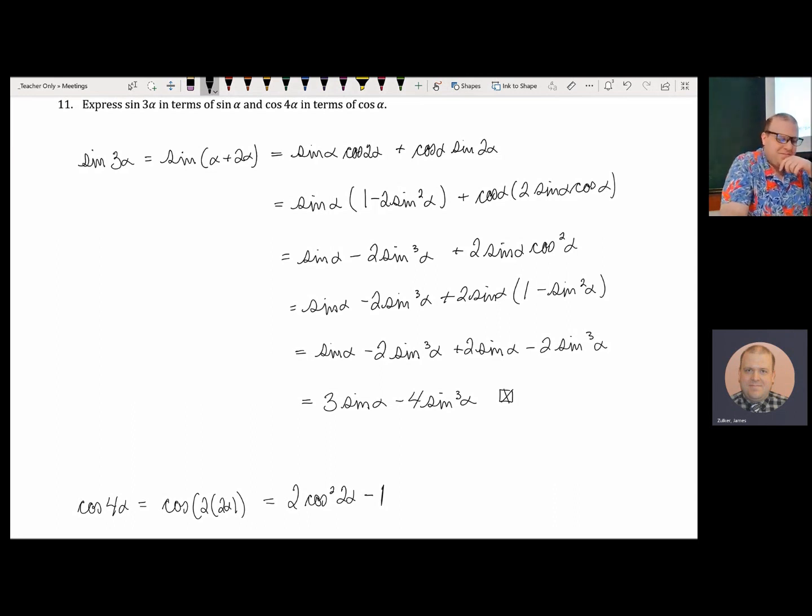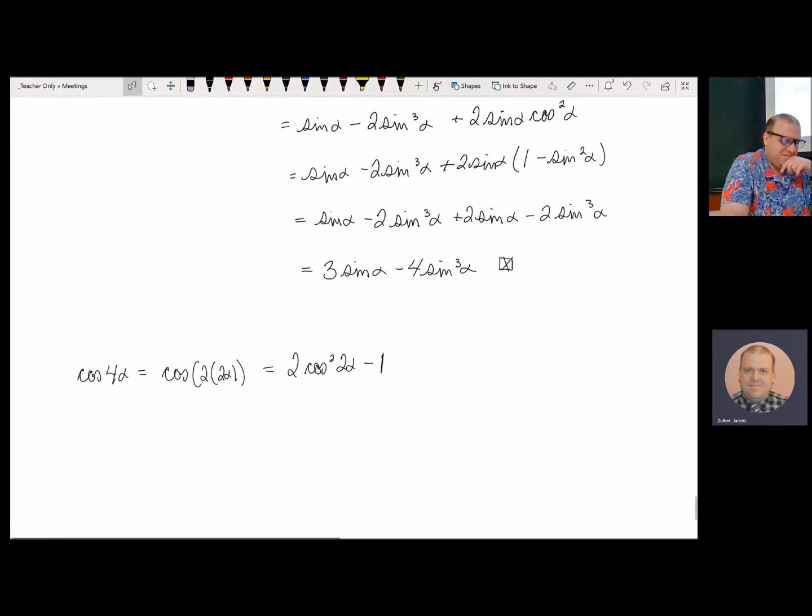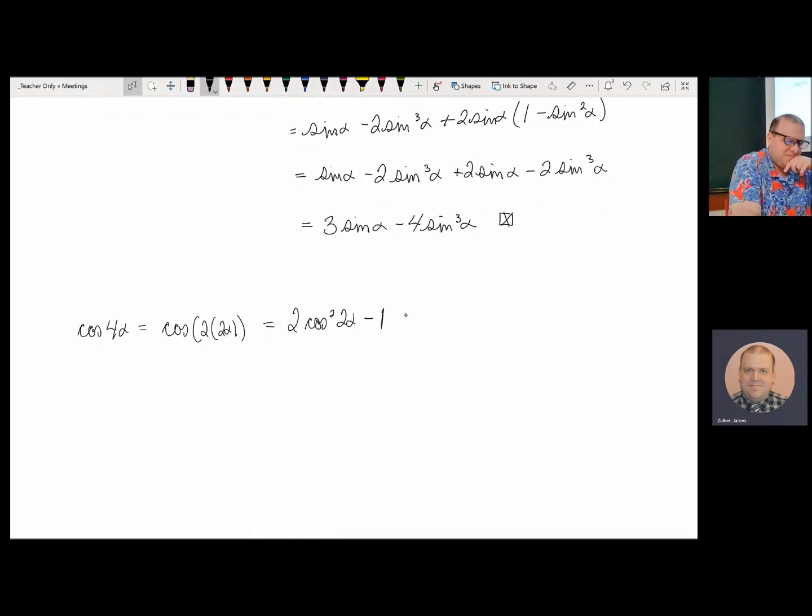Wow. Gonna have to use the double angle again for cosine. But remember, that whole thing has to be squared.